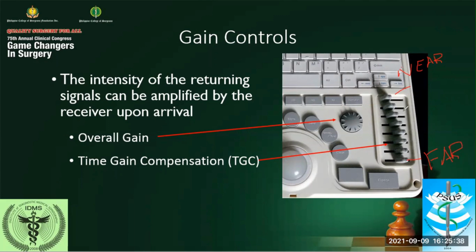Okay. So again, this will depend on the depth setting. This is the deepest region, and this will represent the shallowest region, or near the skin, the near gain. Again, this will depend on the transducer design and setting of this equipment.